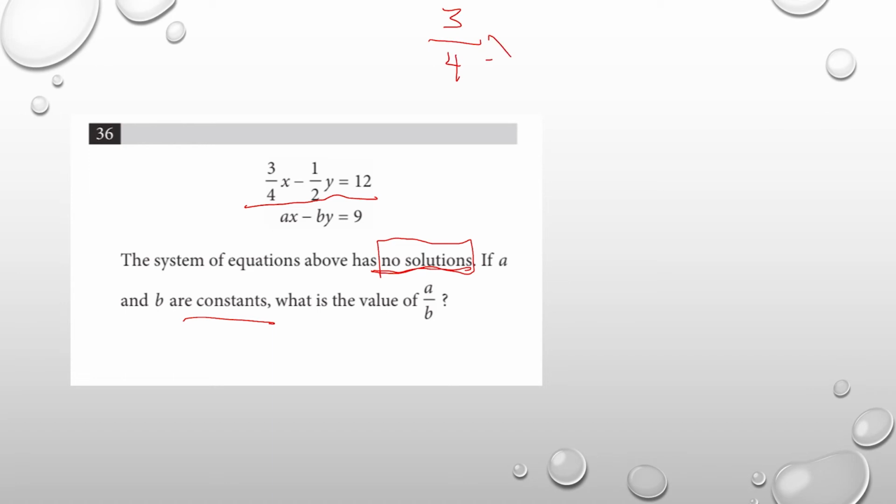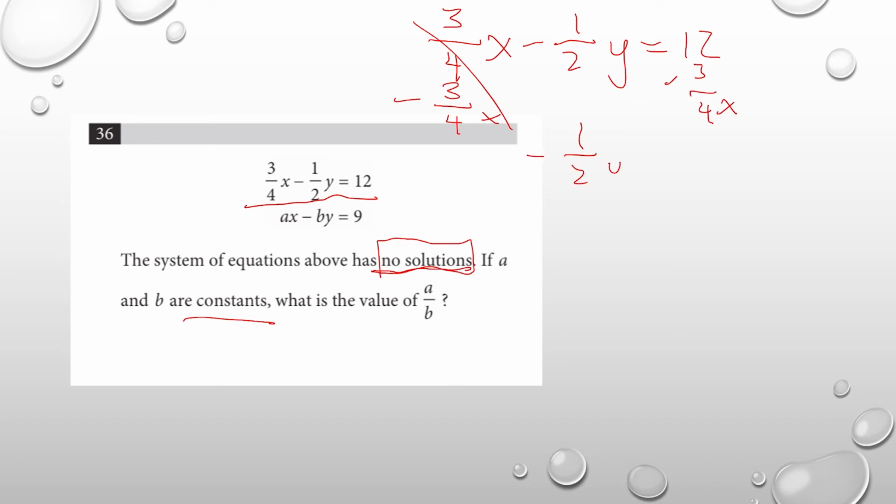3/4 x minus 1/2 y equals 12. We can subtract 3/4x from both sides, and we're left with 1/2 y equals minus 3/4x plus 12.